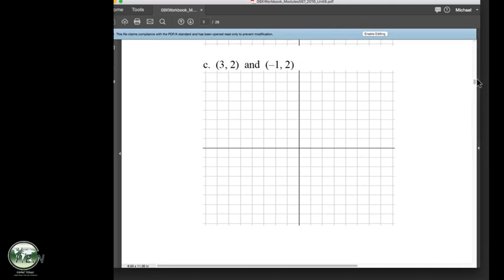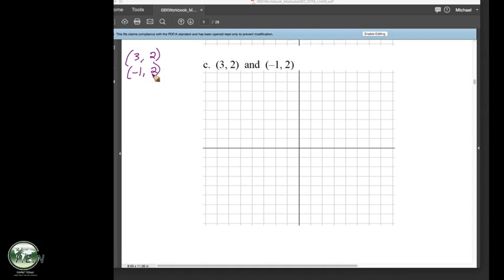How about this one? Should we take a look? Why don't you try it with one of the calculating methods, not the drawing method, and see if you can come up with a slope. I'll set it up for you, just taking the points one above the other. So 3, 2, -1, 2. See if you can come up with the slope, just subtracting straight down and then dividing by the x.